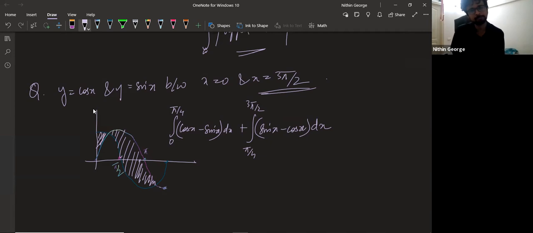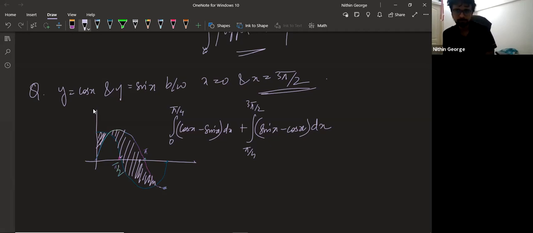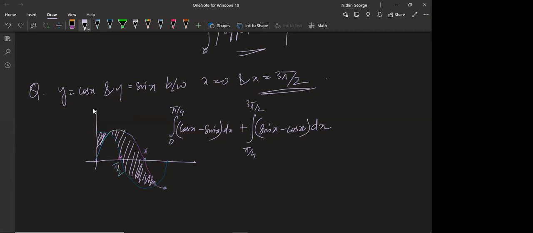Any mistake here? So we have to take it till 3 pi by 2 also. So we have to take the other region also.